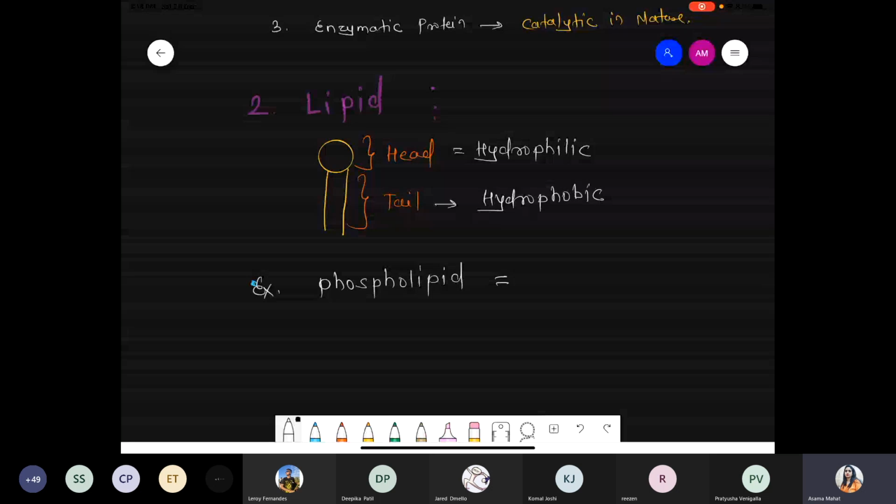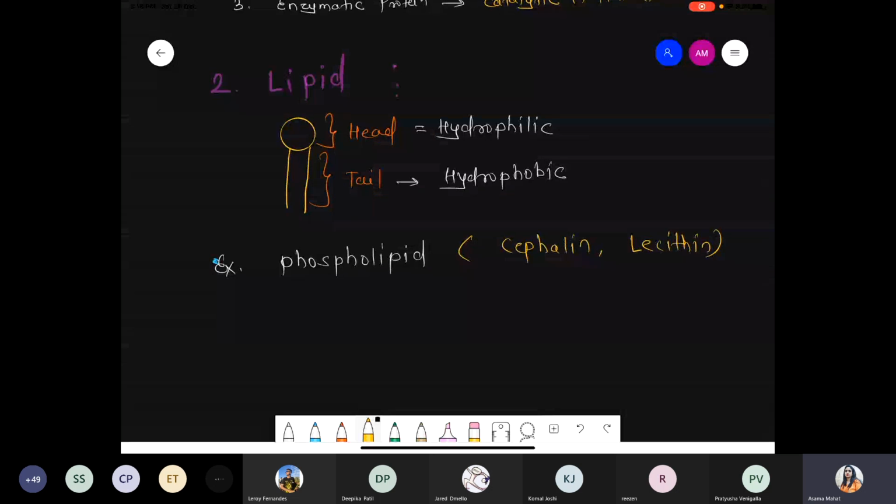You can take some examples of the phospholipid like cephalin and lecithin. Lipid is present definitely, but along with that lipid, a phosphate group is attached. Some carbon, hydrogen, oxygen numbers vary, and now they can form a phospholipid. The two examples, very simple, cephalin and lecithin. The rest of the portion you will study in the biomolecule chapter.